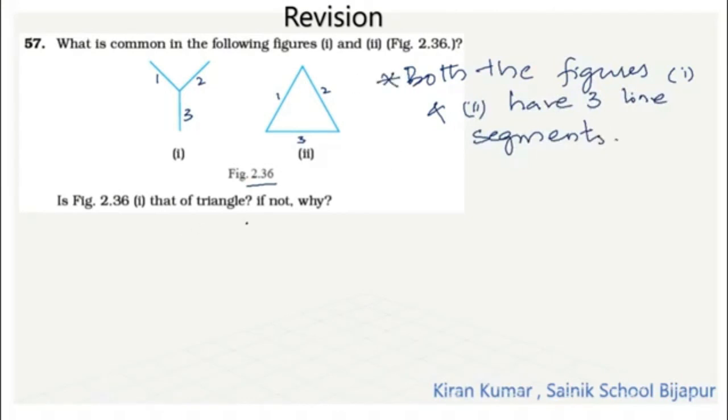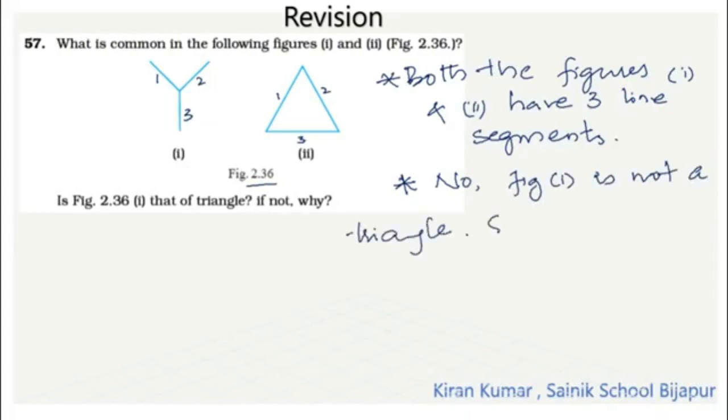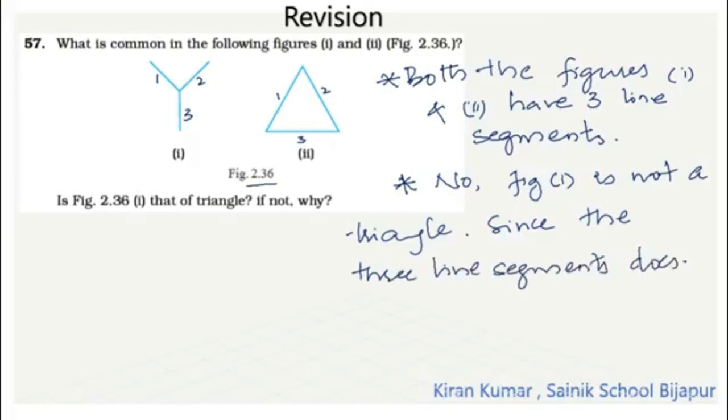And there is another sub question here. The sub question is: is the first figure a triangle? No. Figure 1 is not a triangle, since the 3 line segments do not form a closed figure.